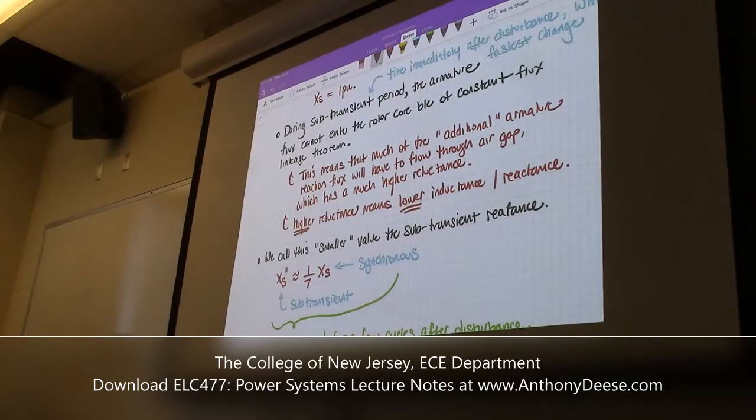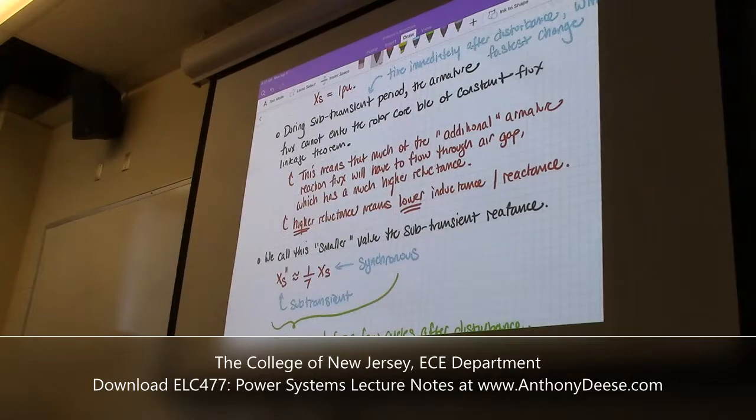So being able to solve that problem involves a couple of steps. Number one, being able to recognize that 100 milliseconds, using the thresholds and assumptions that we have in this book, falls into the transient range, not into the subtransient range, okay? And then realizing that for this type of problem, you have three available values, right?